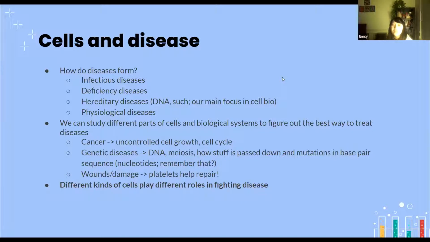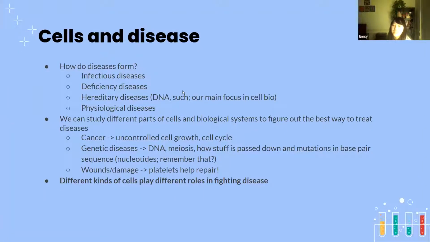Going through each of them, can anyone give me an example of an infectious disease? A hint would be infectious. Okay, yeah, the flu. The flu can spread from person to person, and that's how we know it's infectious.